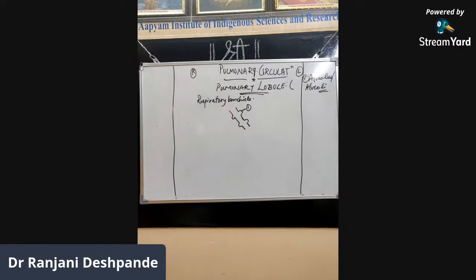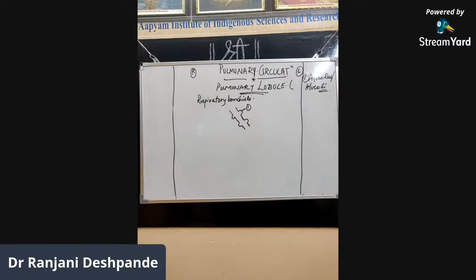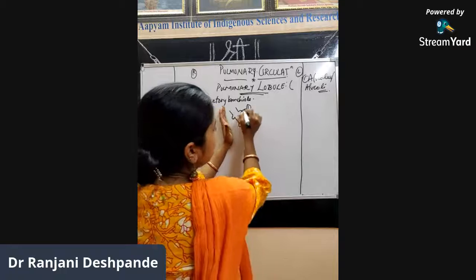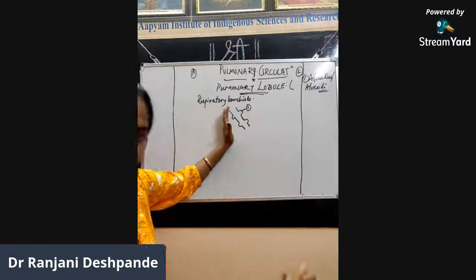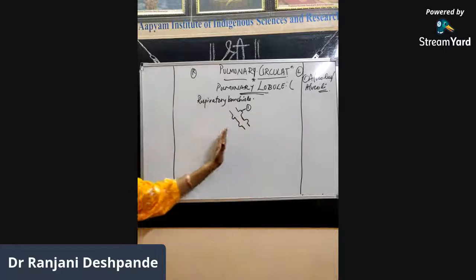Okay. So at this level, where we have the air passage along with the alveoli, this entire structure is called the respiratory bronchiole. It is the first place where the surface area is increased, and it is also the first place where the gaseous exchange takes place.